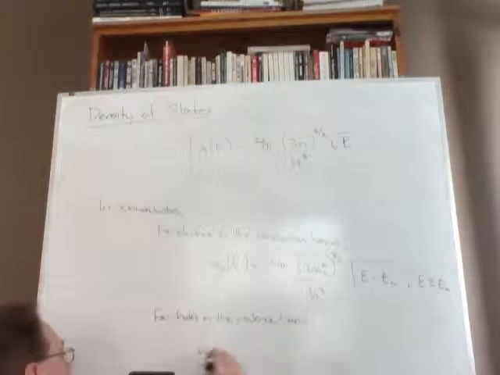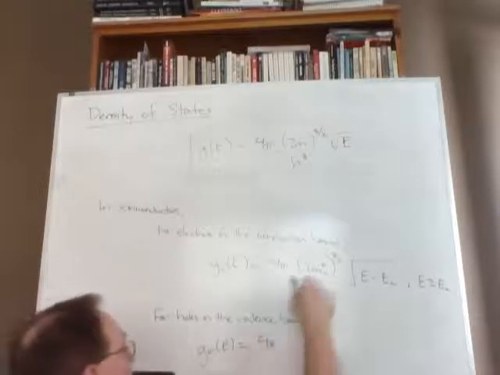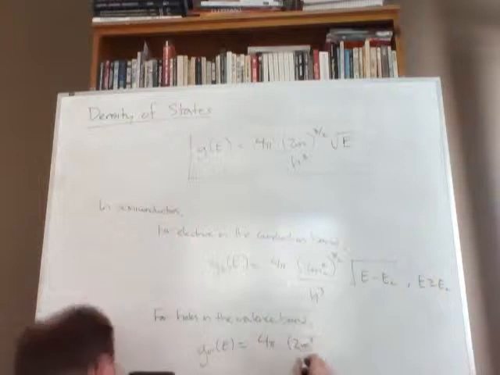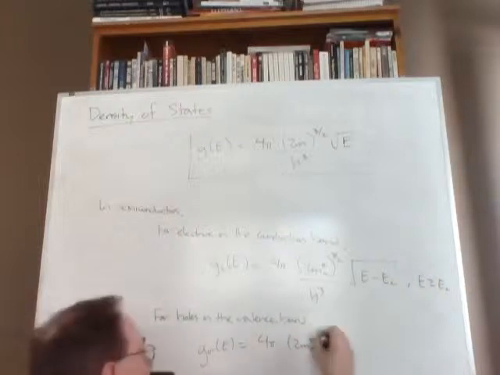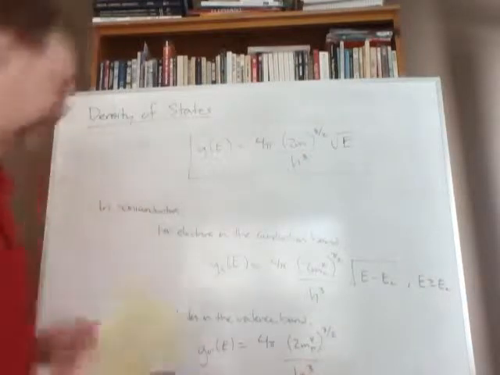So g sub V for the valence band is a function of E: 4 pi, you can imagine we're going to use the effective mass of holes.